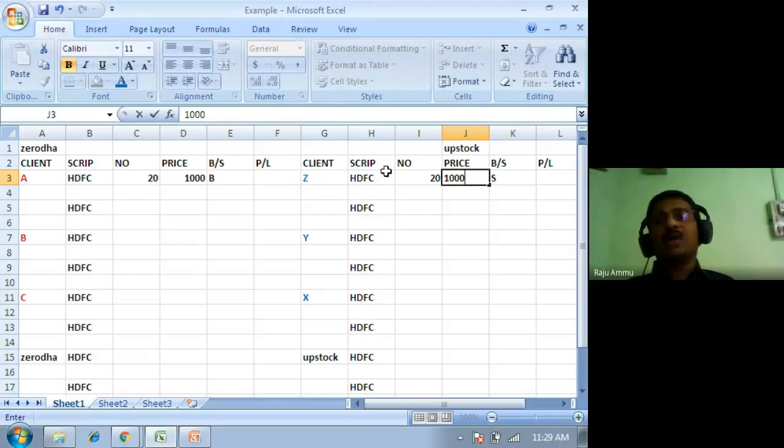Let us assume this client has a very good analysis that the market is going to go up today, and he can earn some money. That is his intention, and so he has purchased 20 shares at 1,000. And there is another client, Z at Upstox, who is selling the shares.